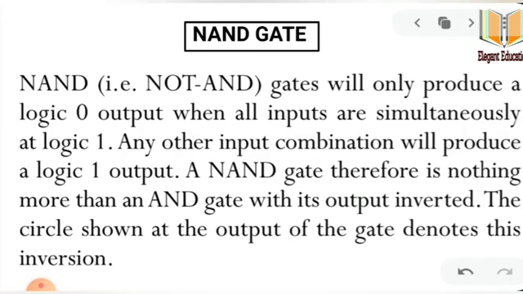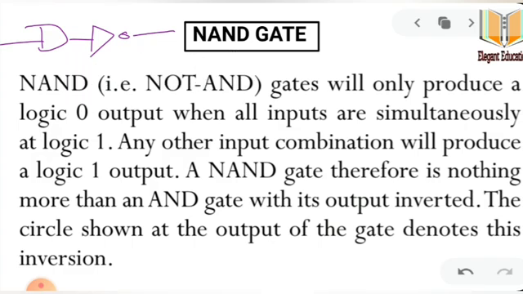So NAND gate. Basically, what is a NAND gate? A NAND gate is an inverted AND. It means we have an AND gate which has been connected with a NOT gate. Together, they form the NAND gate.